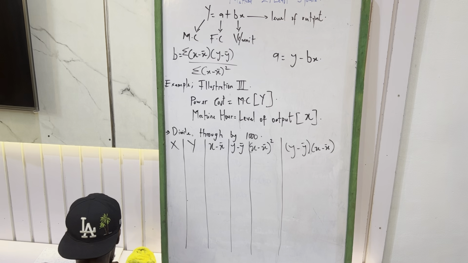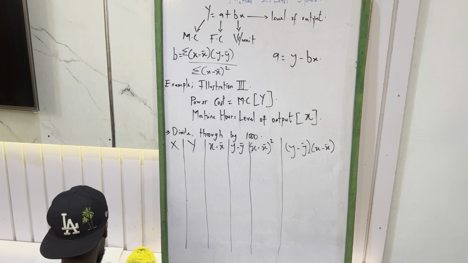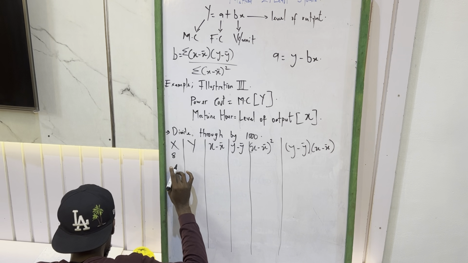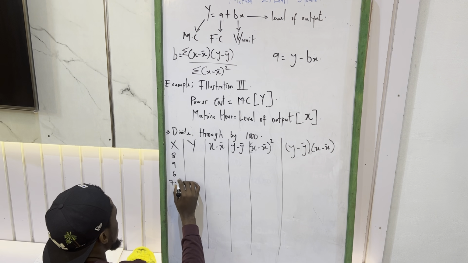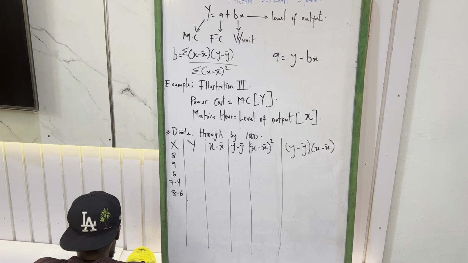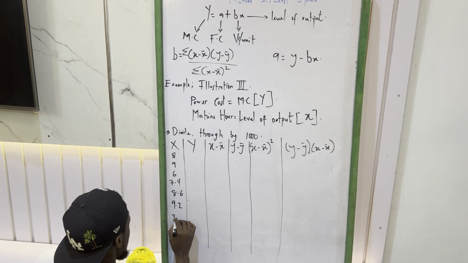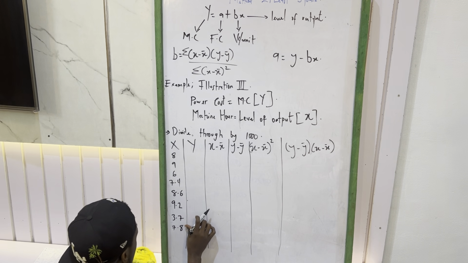Okay, so let me write out our parameters, having divided by 1000. We're having 8, 9, 6, 7.4, 8.6, 9.2, 3.7, 7.8.